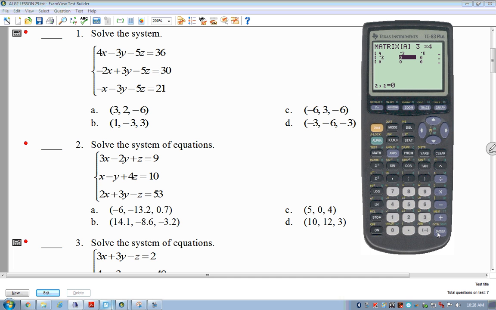Negative 2, 3, negative 5, 30. Okay. Negative 1, negative 3, negative 5, 21. Do we have all of that input?